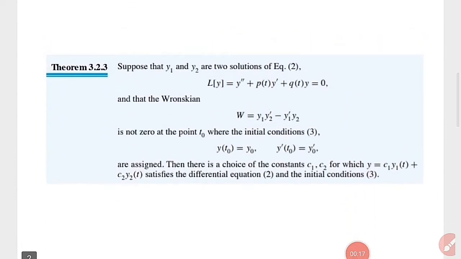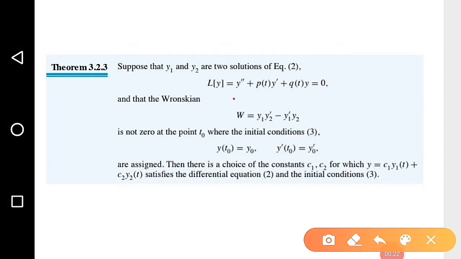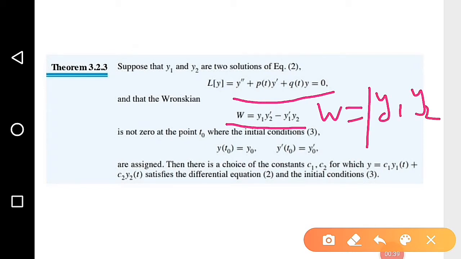Here we have a second order homogeneous linear differential equation y'' + p(t) y' + q(t) y = 0. And the Wronskian W is equal to the determinant of y1, y2, y1', y2'.